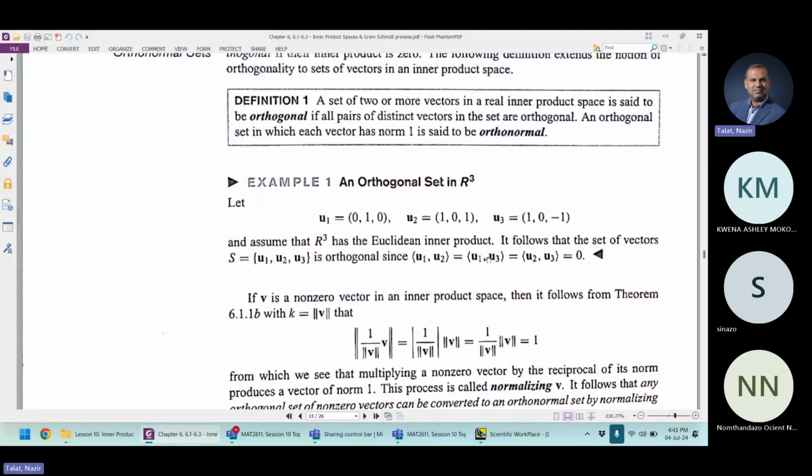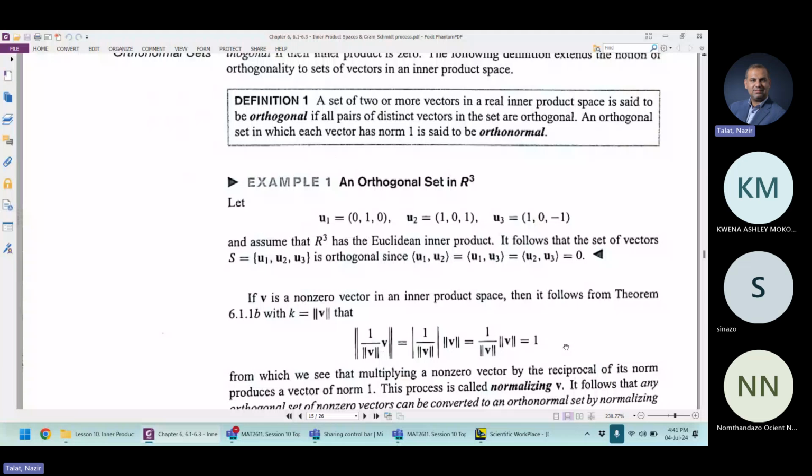Moreover, if we compute the norm of u1, the answer is 1. The norm of u2 is not 1, and the norm of u3 is not equal to 1. But we can normalize them. If we have any vector, we divide that vector by its norm, and in this way we get a normal vector.